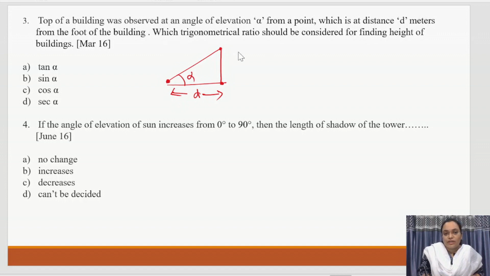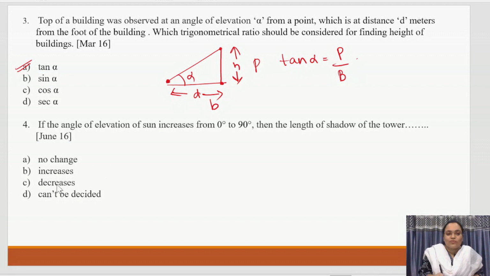Which trigonometric ratio will we use to find the height? If we want to find this height, this is the alpha, this is the opposite, the perpendicular, and this is the base. We will use tan alpha is equal to perpendicular by base. We will use the first one.